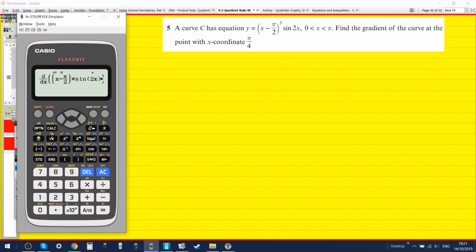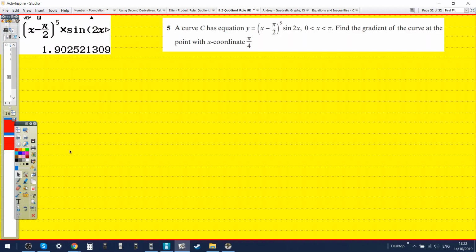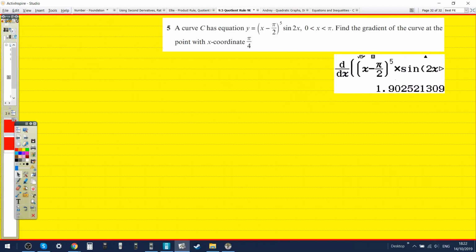Times. Go back. Power 5. I'm in radians. Let's see. x minus pi over 2 to the power of 5. That's times by sine 2x.